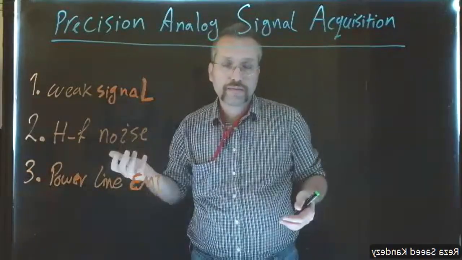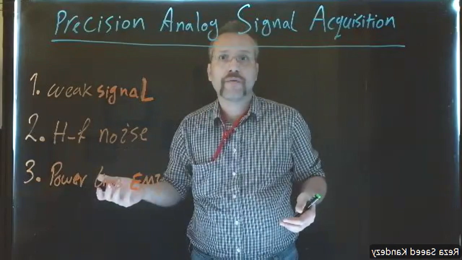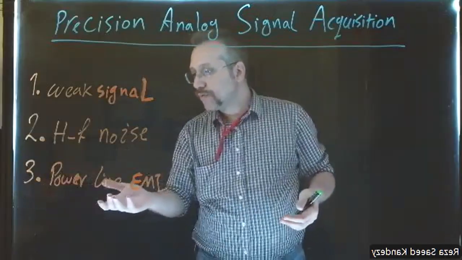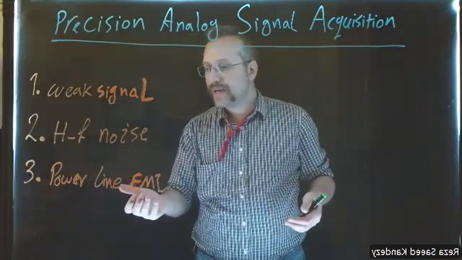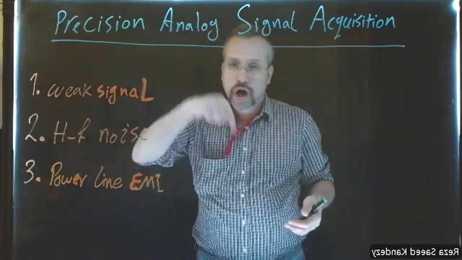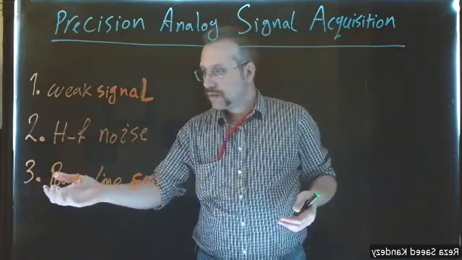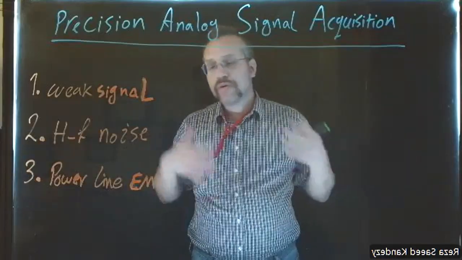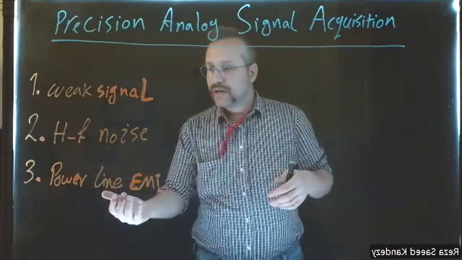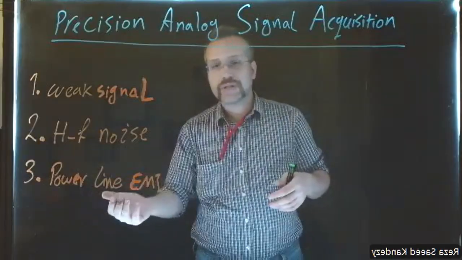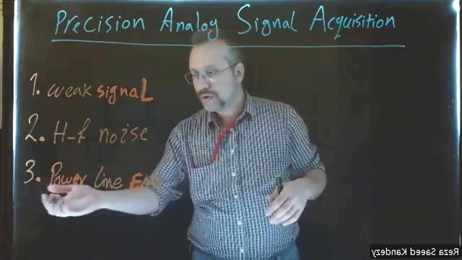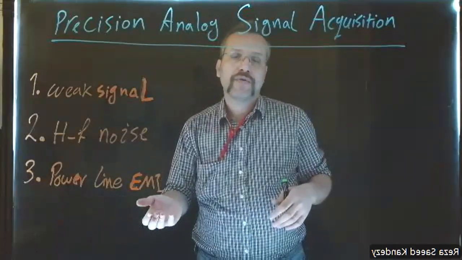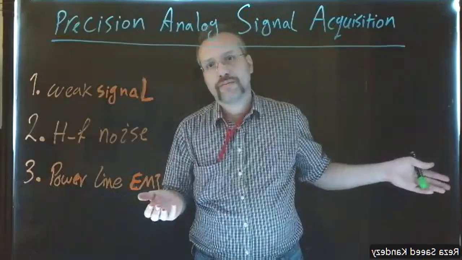We are working in a world of electromagnetic fields and waves, so the power line would also cause electromagnetic interference on our device. The power system works at 60 hertz, so we are going to see interference at that frequency in our system. We also have to filter that specific interference out of our signal.